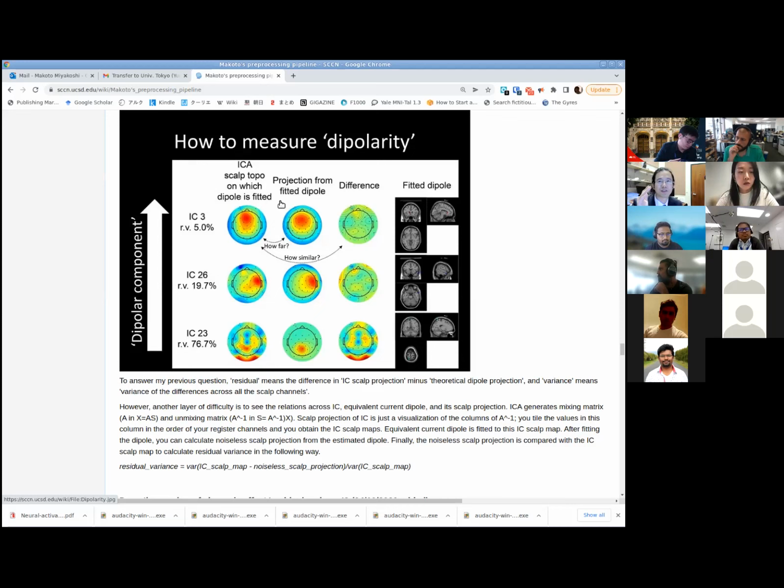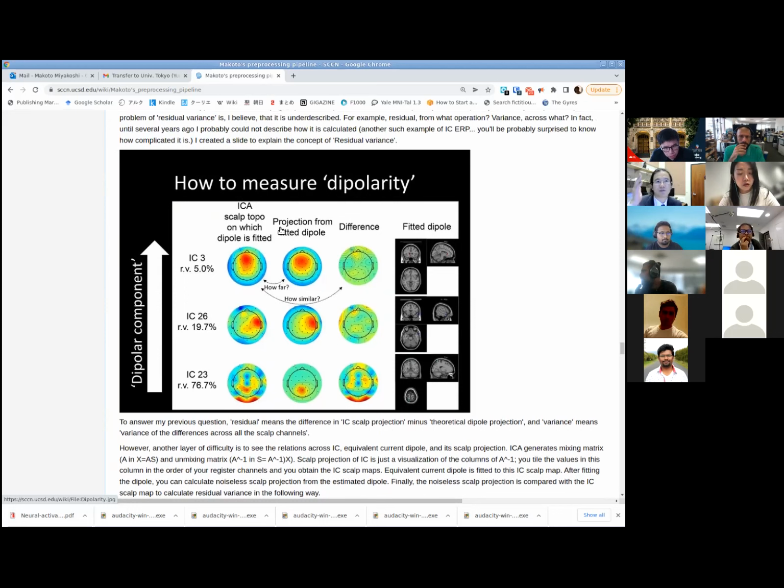We don't need to worry about it. Anything dipolar inside the brain is physiologically valid, and in this case, yes, this is a good independent component. We can say this decomposition is physiologically more valid compared with that. So that's the residual variance.